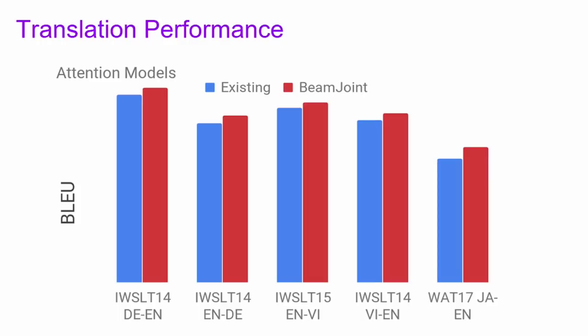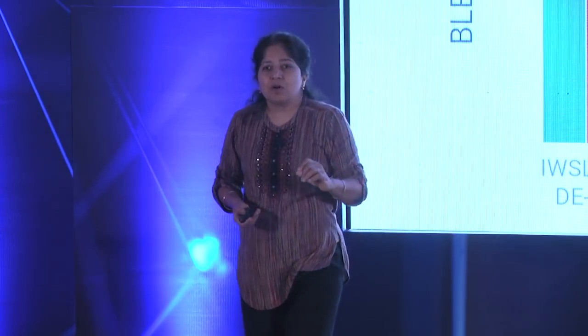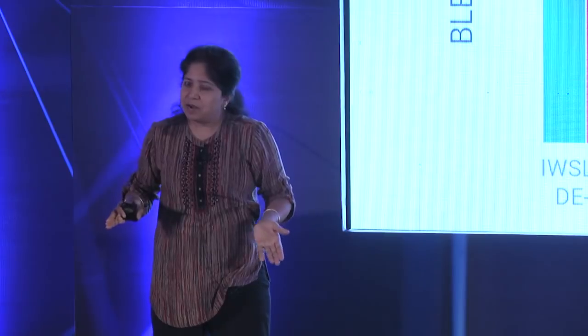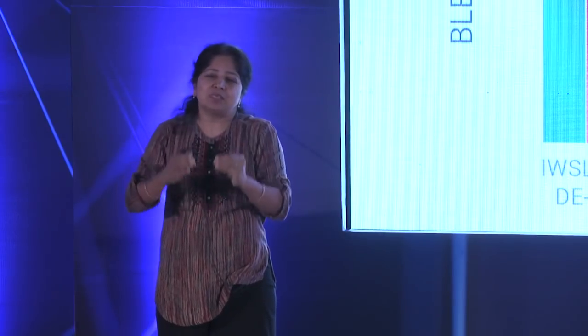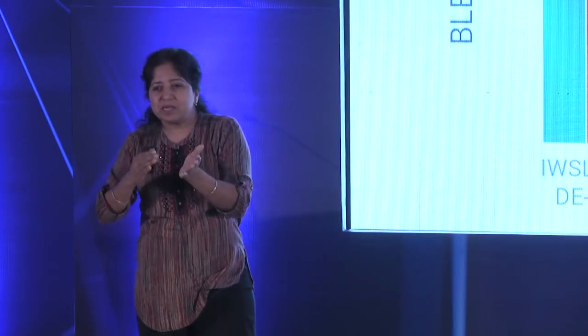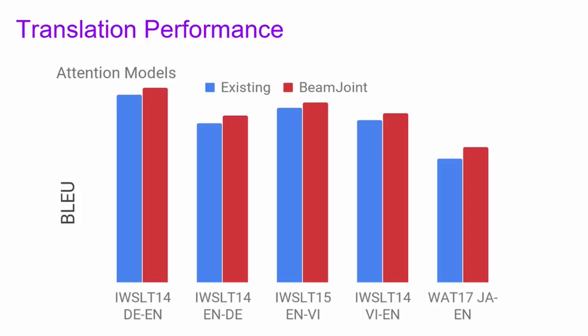The improvement by itself may not look very impressive, but recall that we have not added any extra parameters or any extra layers. We have just wired the attention differently. A slight change in the way in which you marginalize the attention has caused this visible improvement in accuracy.